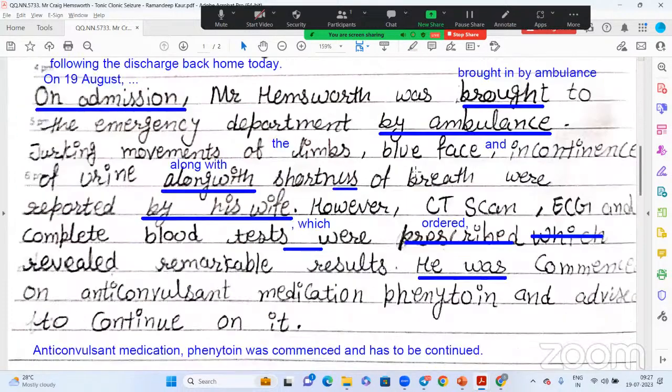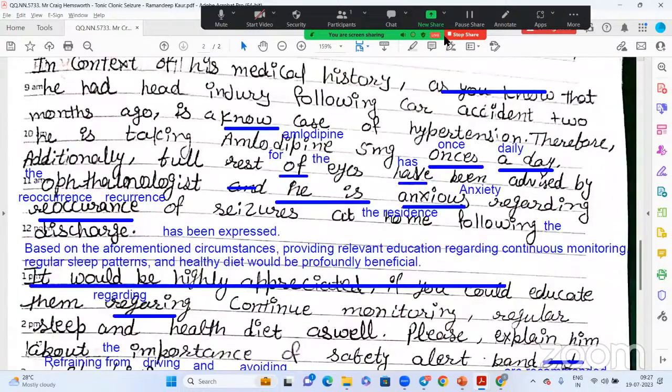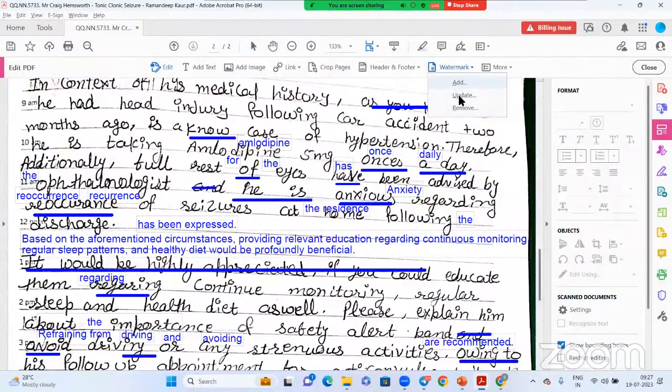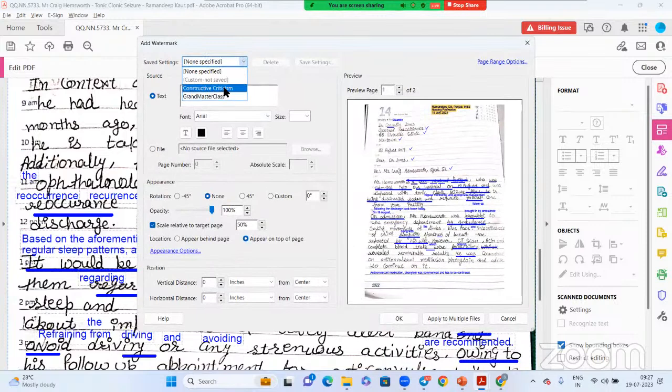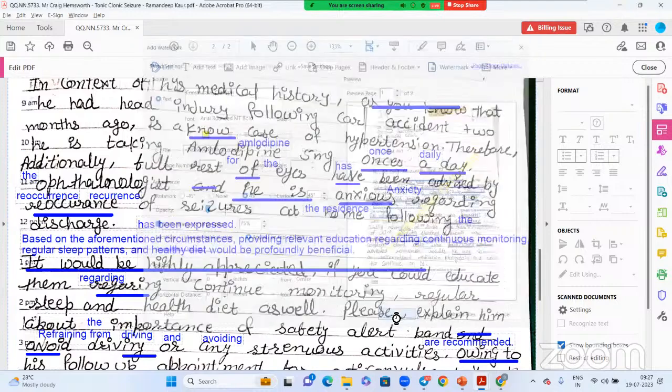Now what will this be? I'll give a watermark, constructive criticism, on the top. Save.